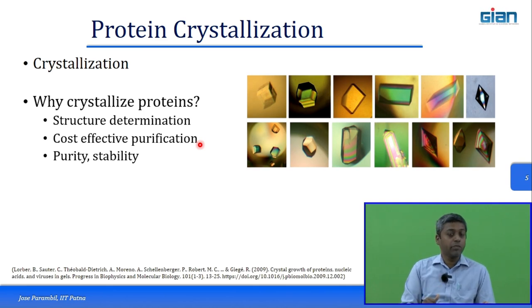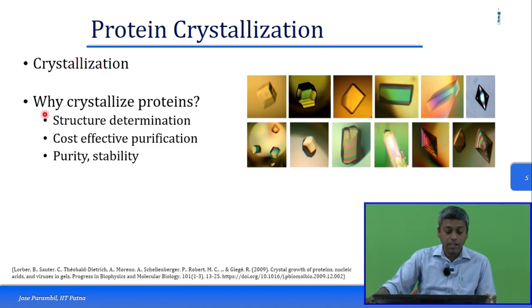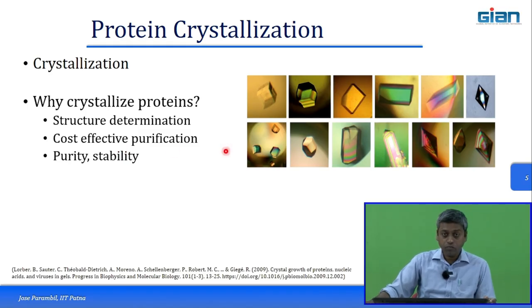In drugs, you typically require very high purity, 99% or 99.9% pure. You want as few impurities as possible in order to meet the regulatory standards. And how do you do that? Crystallization gives a single-step process in which you can do that. So that becomes a major aspect: cost-effective purification.